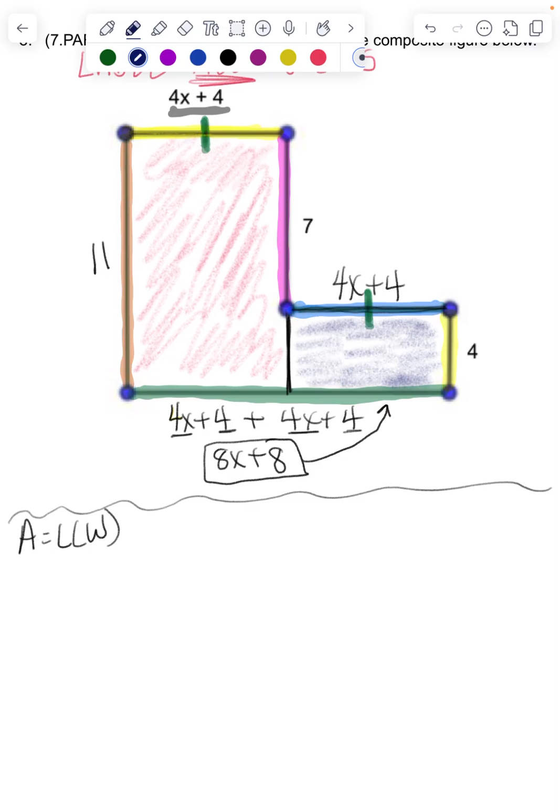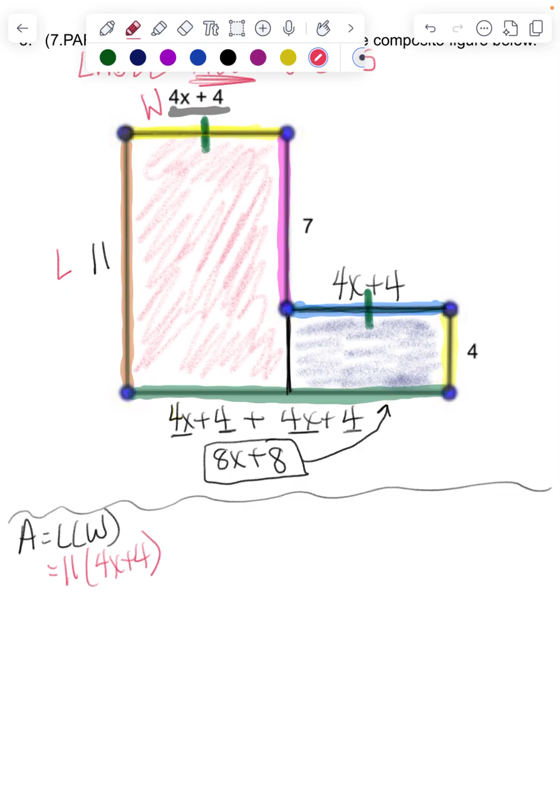And I've got to find the area of each one of those and then add them together. So the area of the pink one, this is going to be my length. This is going to be my width. Because that's one full side and another full side. I can't use the 7 because it's not a full side of that rectangle.